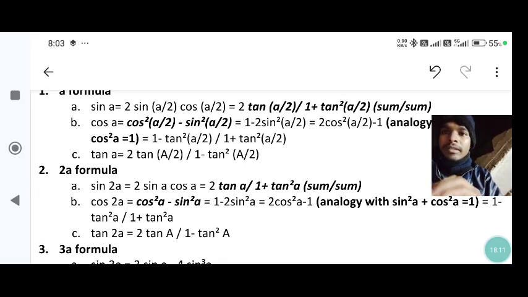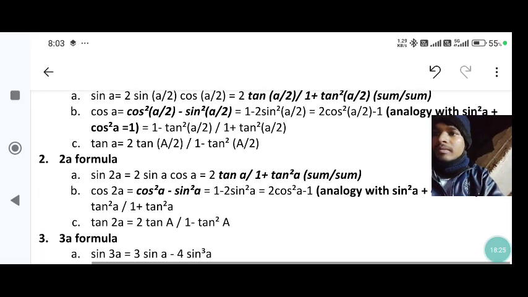So in the denominator there is a squaring plus the addition of 1, and in the numerator there is 2.